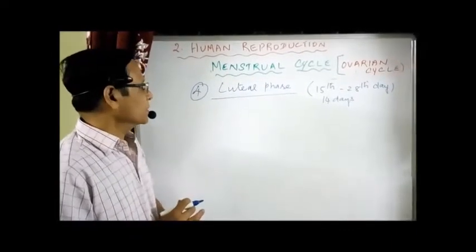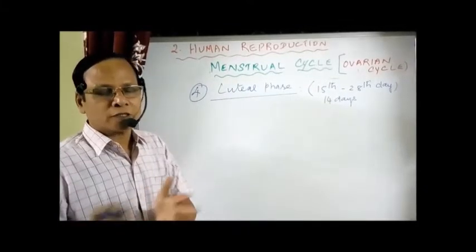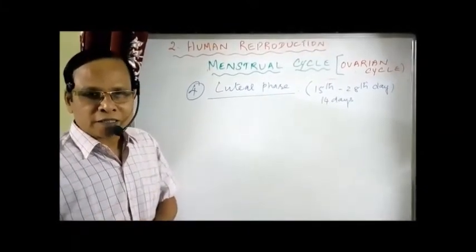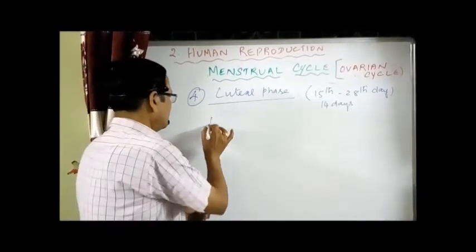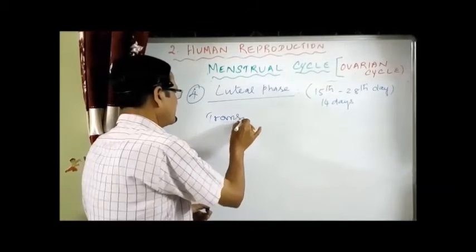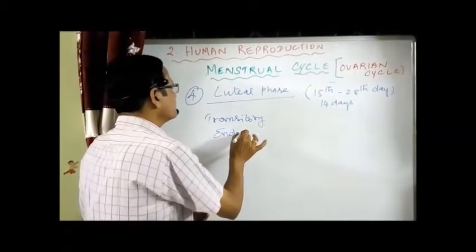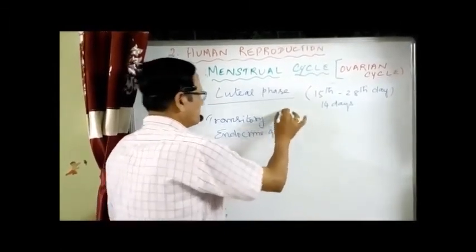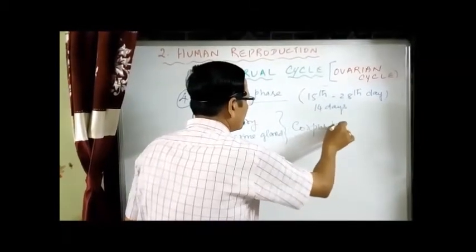What's happening? After the release of the egg, we have the empty ruptured follicle. The empty ruptured Graafian follicle gets transformed into a transitory endocrine gland called the corpus luteum.